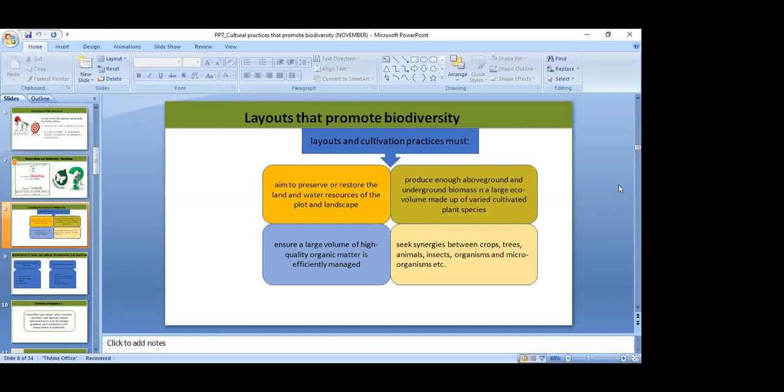Take for instance, maize requires nitrogen to emerge at the seedling stage and before it starts maturing. By the time it's maturing, the nitrogen requirement will be reduced. And if maize requires so much nitrogen to come up before it reaches maturity, and there is no nitrogen in that soil, it is simple.